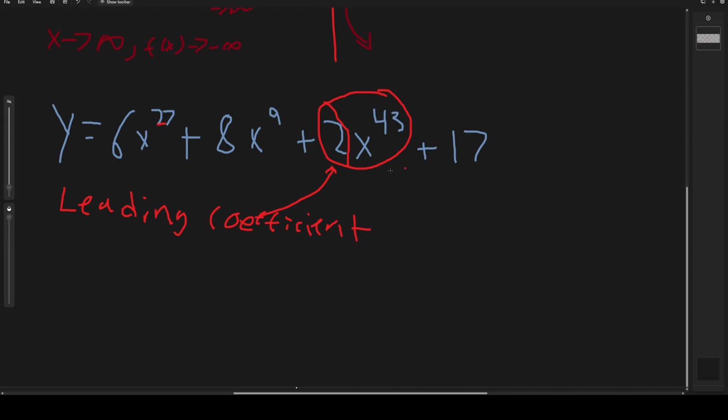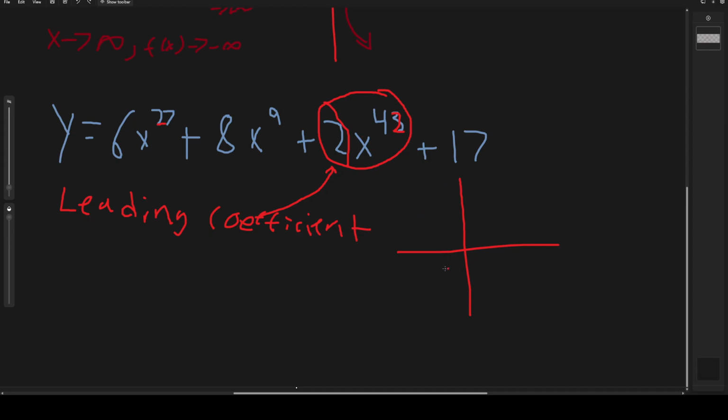So what we can say about the end behavior of this polynomial function is that it will probably be something like, well, this is an odd number again, so wait, let me just turn this into an even number actually, just to show you what an even number one will look like. So even number, coefficient 2, in this case it doesn't really matter unless there's a negative, so we're just going to draw it like usual.